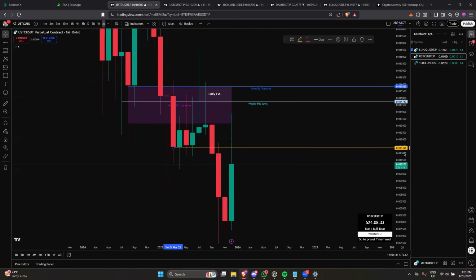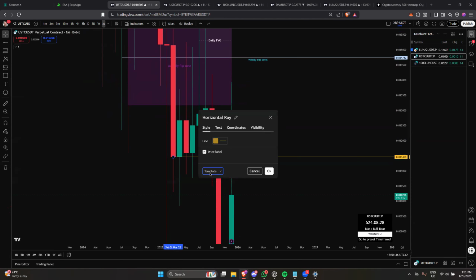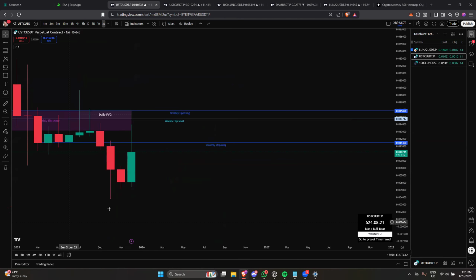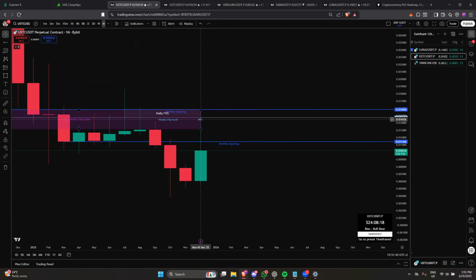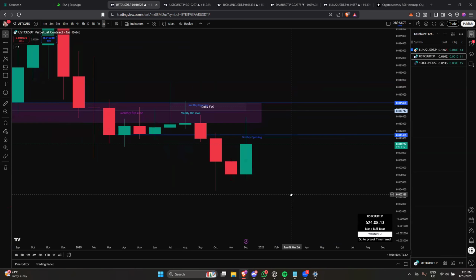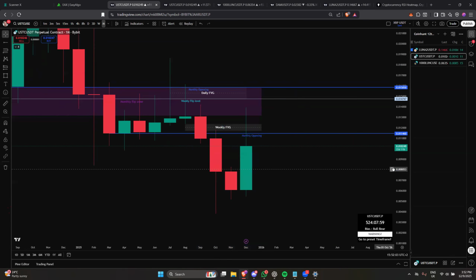So I just want to get this, that's going to be your monthly. Okay. I'm going to expand this. Actually got a value gap over there. Okay, so I'm just marking out fair value gaps.